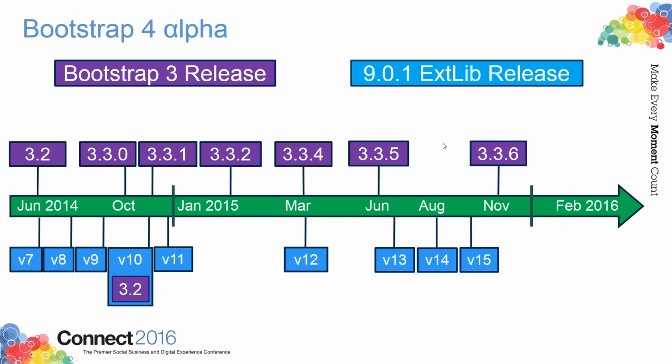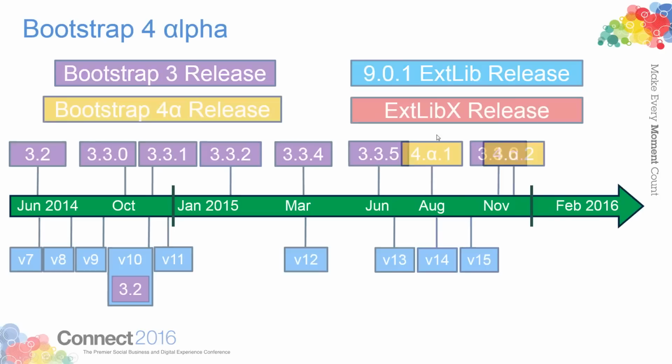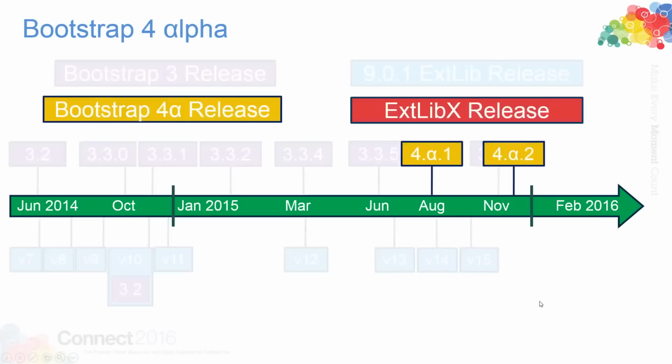So I brought back up the release history slide that we had earlier, and I'm going to overlay the Bootstrap 4 releases. There we go. As you can see, towards the end of the year, they released those 2 alpha versions, and then very quickly we managed to incorporate alpha.2 into the 15th release of the xlibx project.